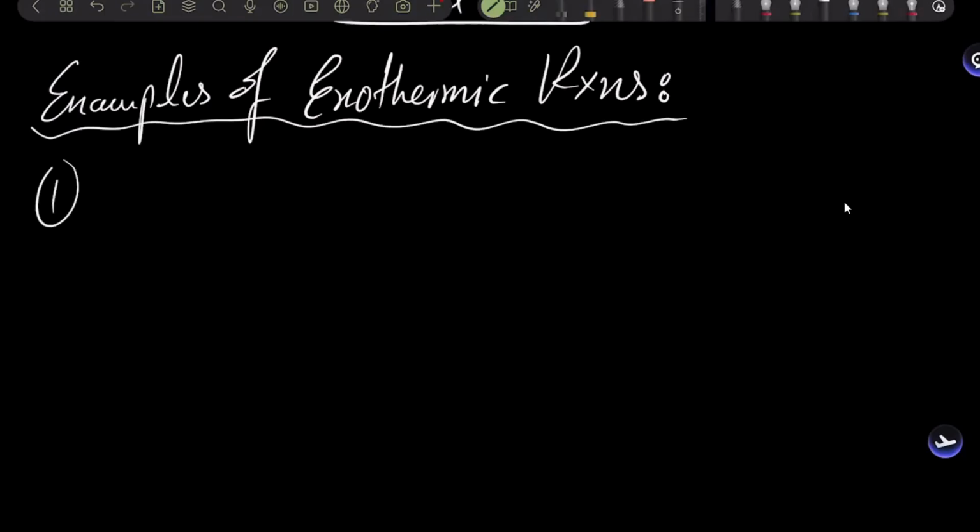So the first reaction that is exothermic is respiration. Whenever you breathe out on a cold surface, you will see some vapors forming, right? So that's because it's an exothermic reaction. Heat is released from your mouth, right? That's why the vapors over there are forming. So the first example is respiration.